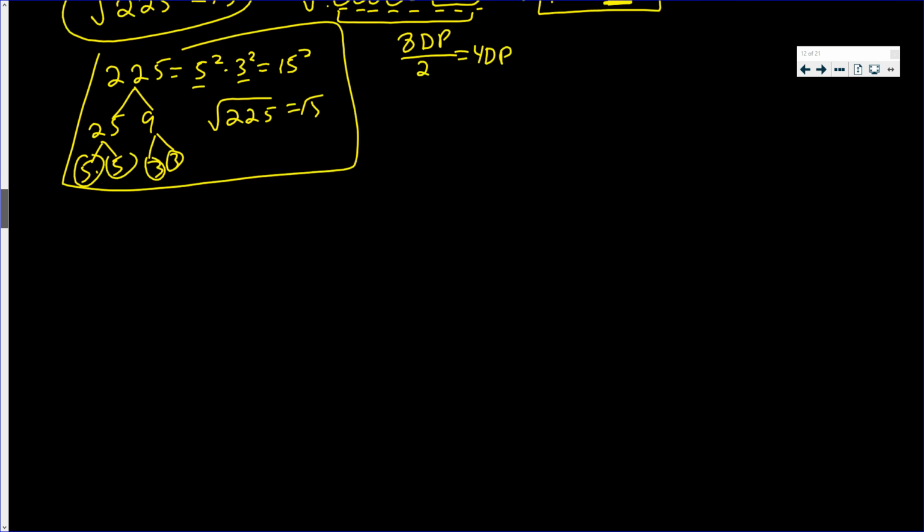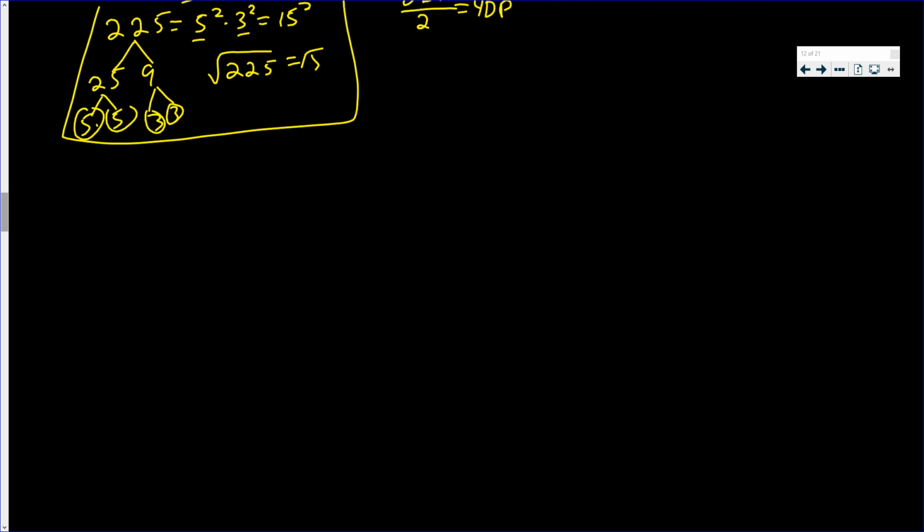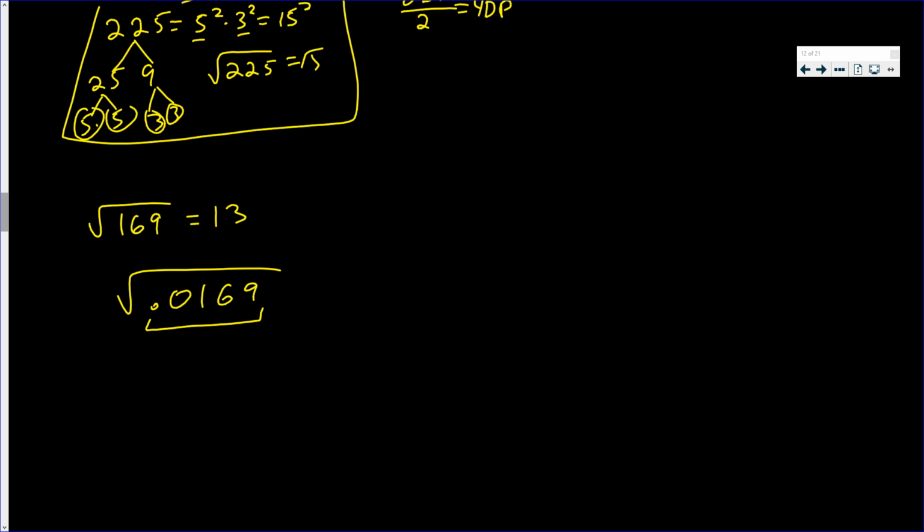Now this technique doesn't always work, but let's do one more. Suppose that you come to know that the square root of 169 is 13. So what is the square root of 0.0169? Very simple. 169, 169. This is a 4 decimal place number. I divide it by 2 to find out what one of the numbers will be.